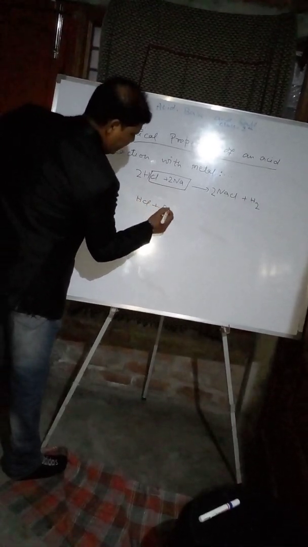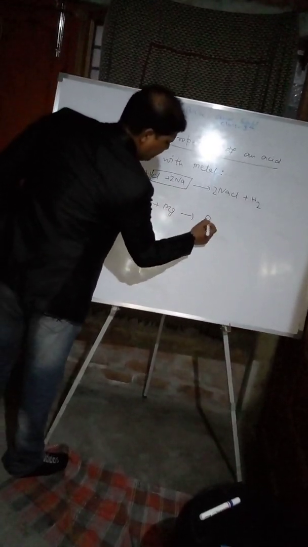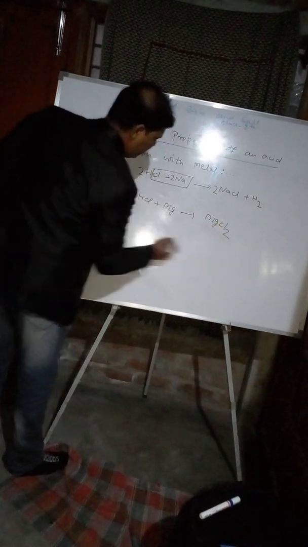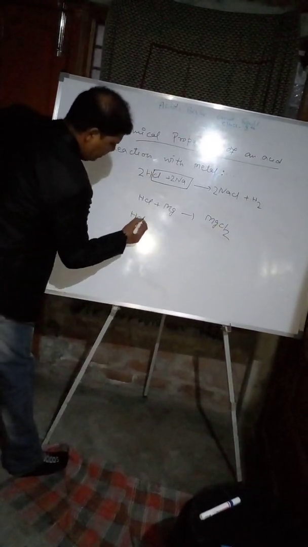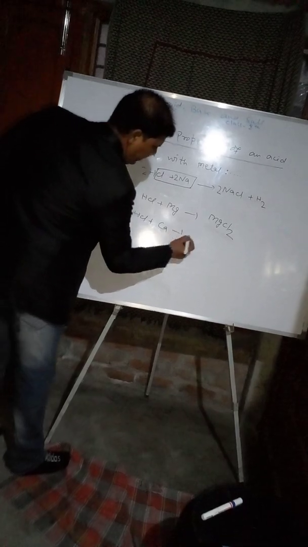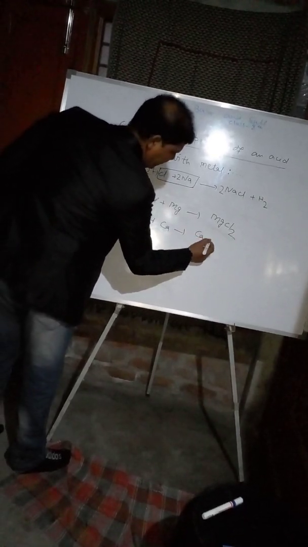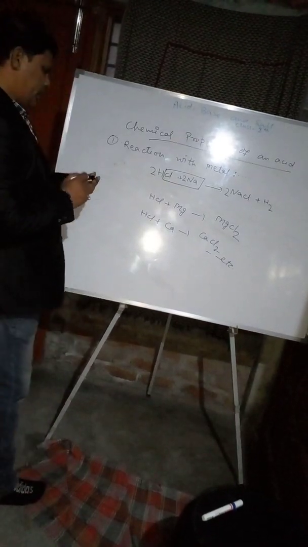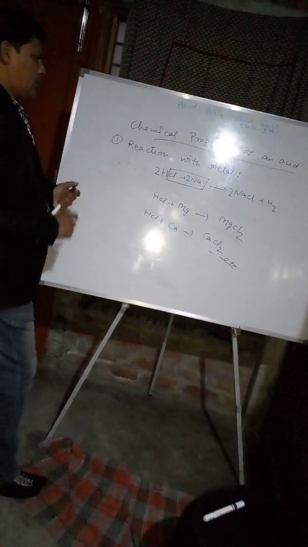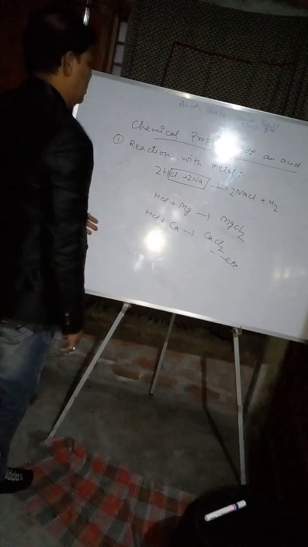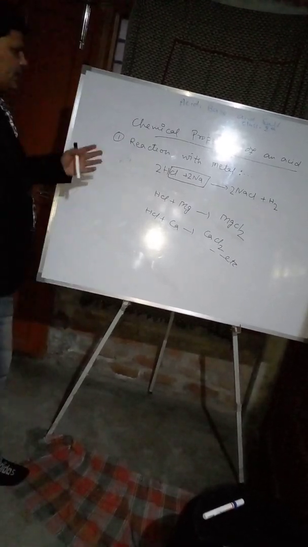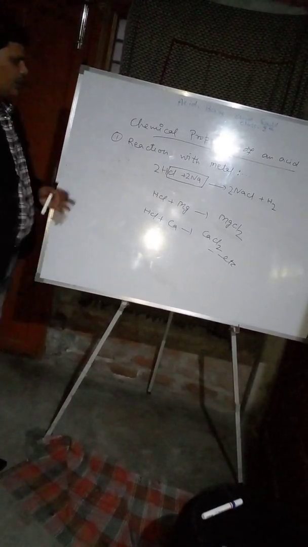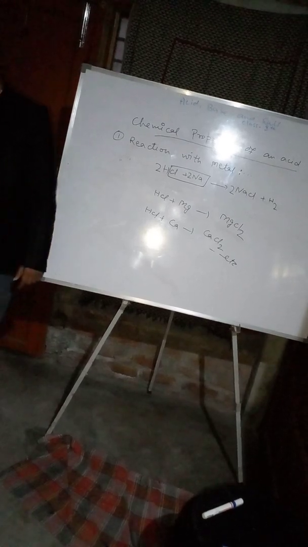HCl plus Mg gives MgCl2, HCl plus calcium gives CaCl2, and there are so many examples you can write down. Now I will think about different properties. You can write down the same.